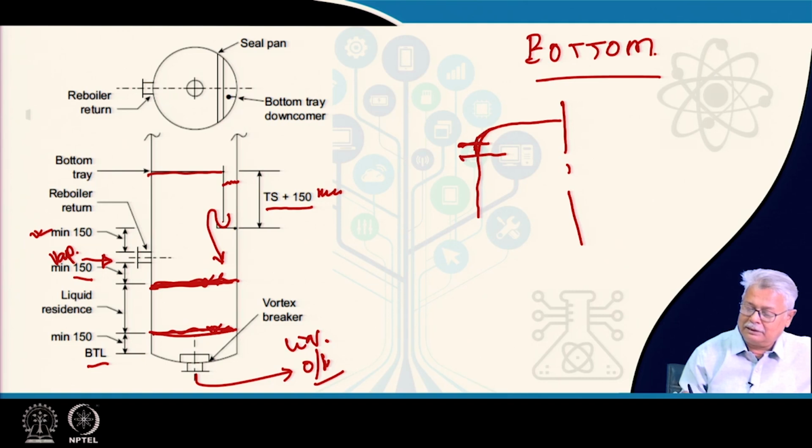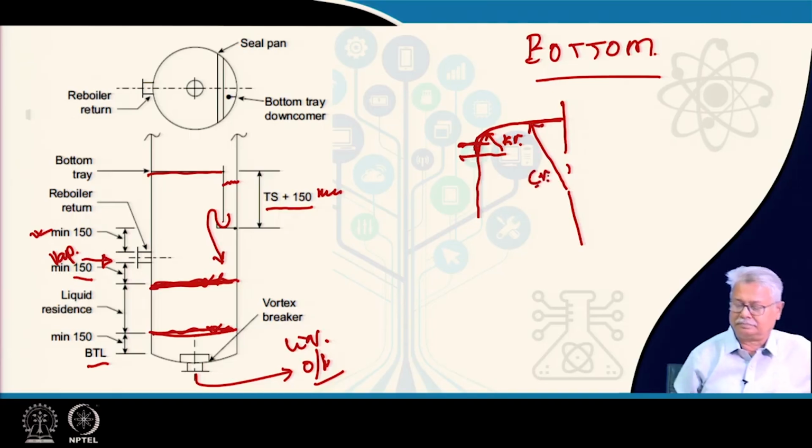Beyond that, you have a knuckle radius, and beyond that you are going to have a crown radius. Now, this portion is called the straight flange length, and your joining of the head and the shell is here.